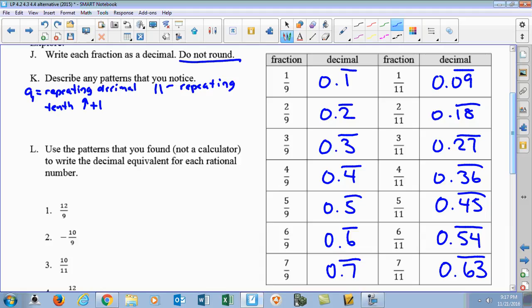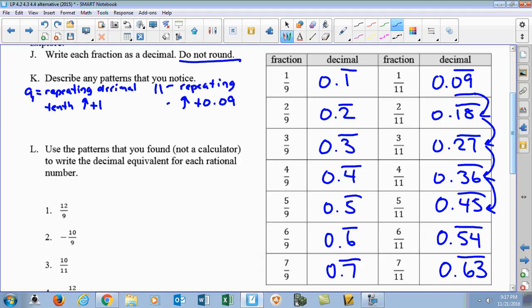Well, if you look at it, it increases by 0.09 every time, right? If you add 0.09 to 0.09, you get 0.18. Add 0.09 to this, you get 0.27, and so on and so forth. So it's going up constantly by the same amount, right? So those are some of the patterns that you can see there.